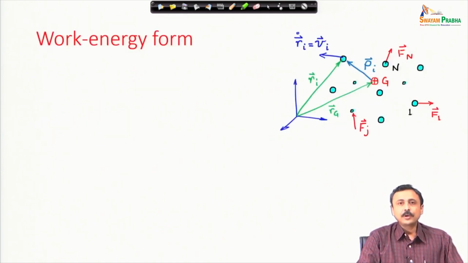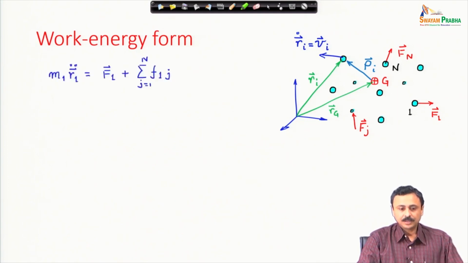Next, we will look at the work-energy form of this generalized Newton's second law. For the ith particle, let us say for the first particle, I can write Newton's second law: mass of the first particle times acceleration of the first particle is the external force acting on the first particle, plus the summation of all the internal forces because of the other n minus 1 particles, from 2 to n.